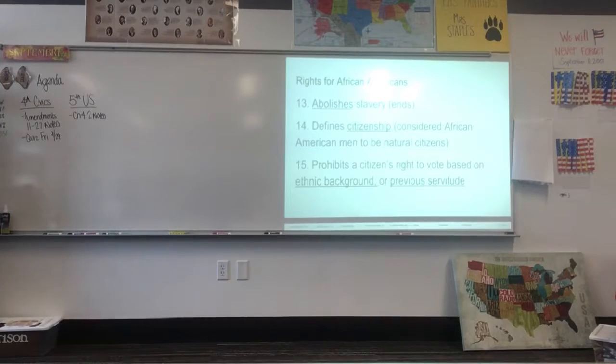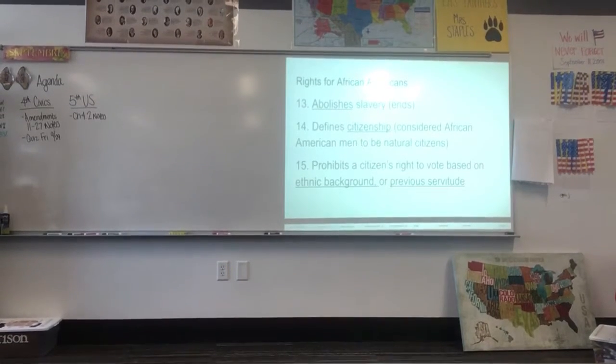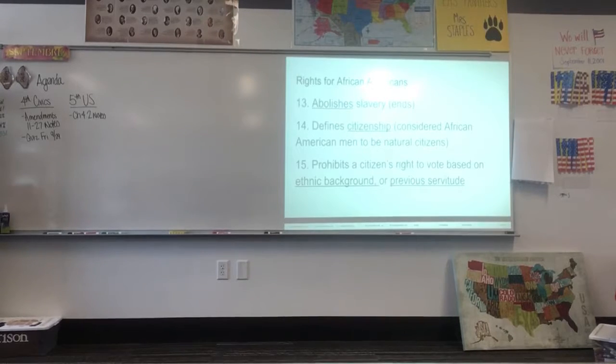This considered African Americans to be natural citizens. And 15, it prohibits a citizen's right to vote based on ethnic background or previous servitude. So, after Amendment 15 was passed, African American men could vote. African American women and white women could not vote at this time. Only white men and African American men could vote after the 15th Amendment.